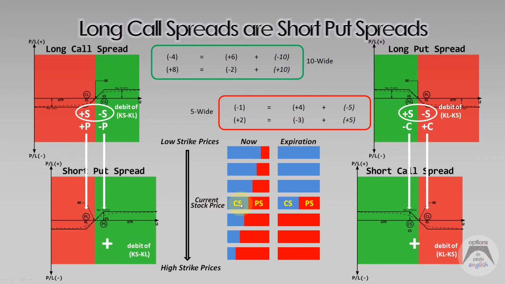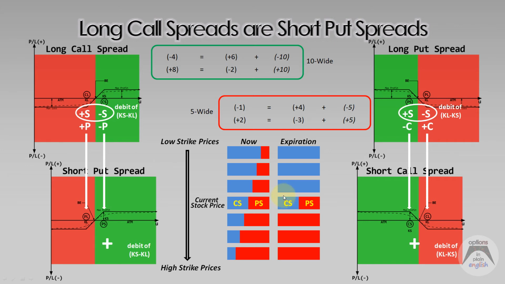Now, if the stock price is in between, what we call an at the money stock price, it means that it's going to be between one strike price and the other, not necessarily at any of the strike prices, but in between both, because we're talking about a spread. Then the value of the call spread and the value of the put spread is going to depend on where in the range this is.